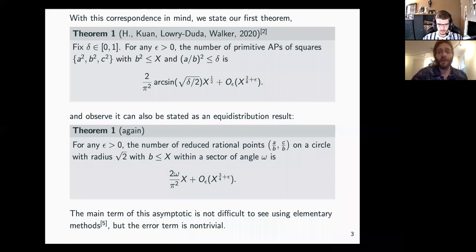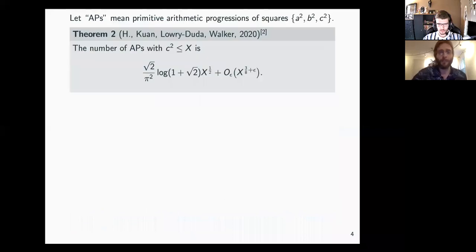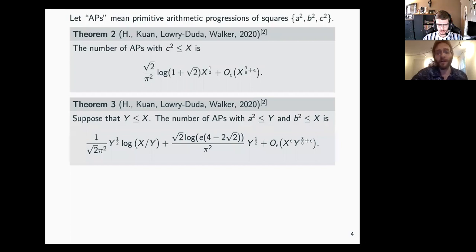We also have a bunch of other results, which I'll state more in terms of arithmetic progressions than in terms of geometry. Again, I'm just going to say arithmetic progressions and drop all of the primitive squares business, because that's assumed at this point. The number of arithmetic progressions where the largest term is less than or equal to x is given by this asymptotic. The number of arithmetic progressions where the least term and the middle term are bounded by different constants is given by this particular asymptotic.